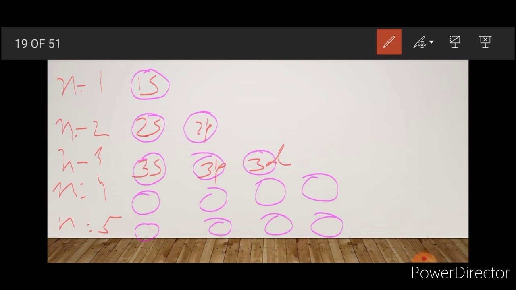In n equals 4, 4s 4p 4d 4f. In n equals 5, 5s 5p 5d 5f. Do this fast. Make this fast in your copy.